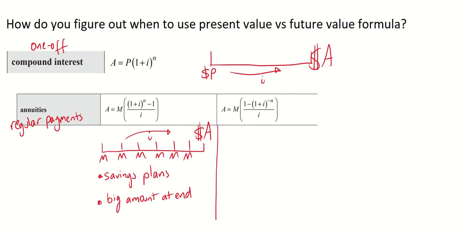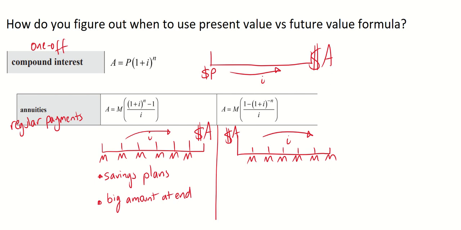The second formula is where you start out with a big amount of money and you enter into an agreement which involves converting that big amount of money into a bunch of smaller payments. So starting with, say, $500,000 and then converting that into monthly payments of, say, $1,000 for 30 years, undergoing again a certain interest rate.